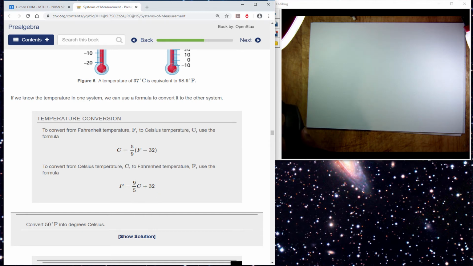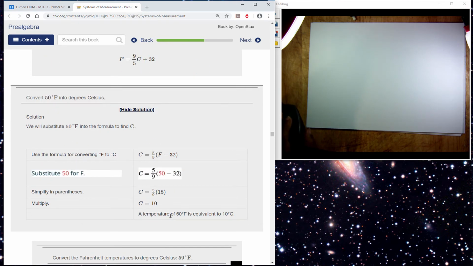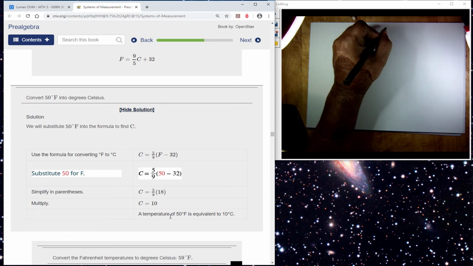So let's look at an example. In this particular problem, they want us to convert 50 degrees Fahrenheit into Celsius. The very first thing we do is write out the formula we're going to need.